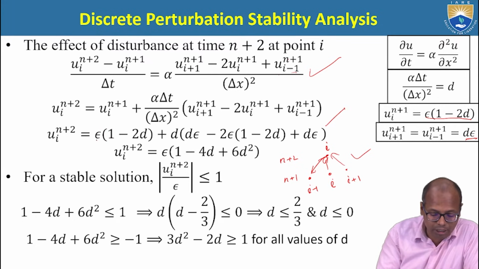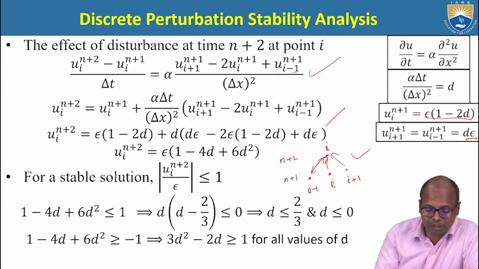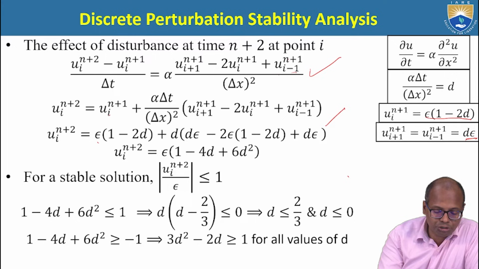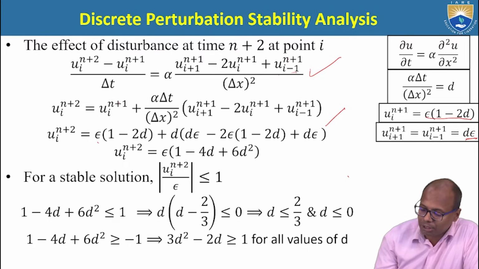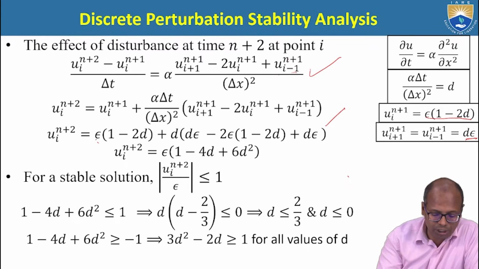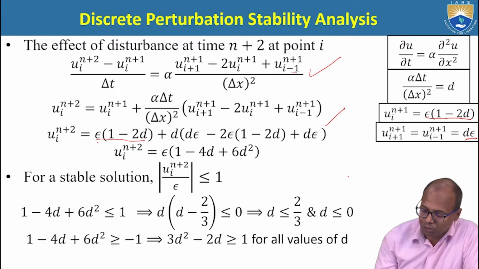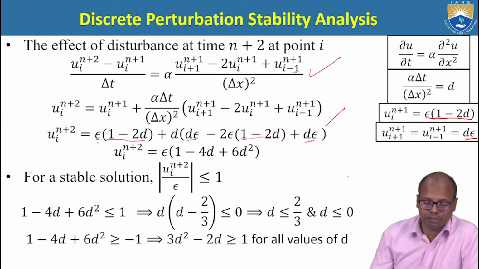I will get epsilon into 1 minus 2d. Why do we get epsilon into 1 minus 2d? You see here, this is u_i^(n+1), which is epsilon into 1 minus 2d, and I substituted that value. And here u_(i+1)^(n+1) is d into epsilon, I substituted that here. And u_i^(n+1) is epsilon into 1 minus 2d, substituted here. And u_(i-1)^(n+1) is d epsilon, that I substituted here.